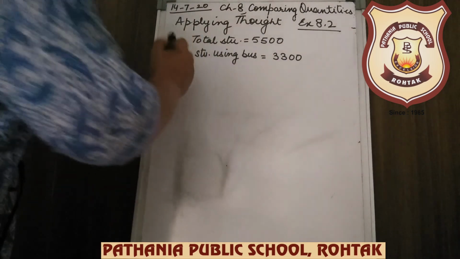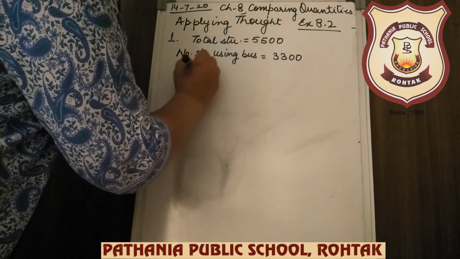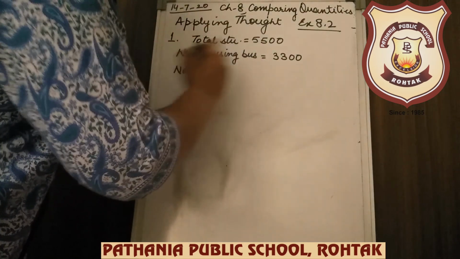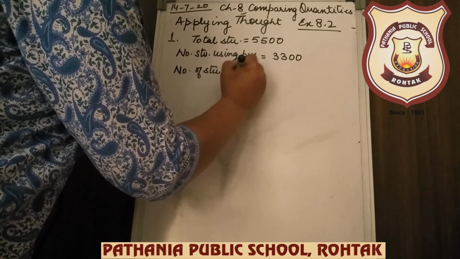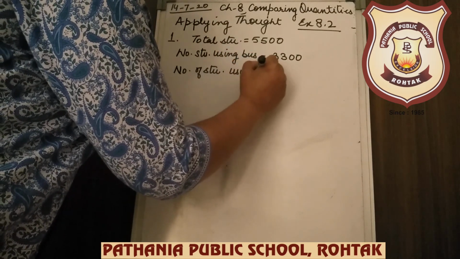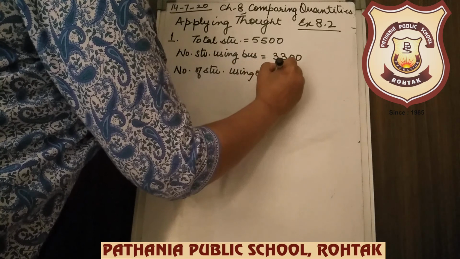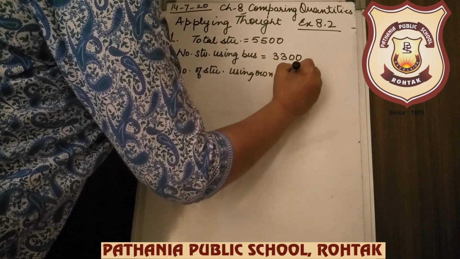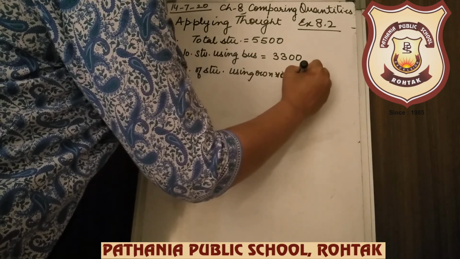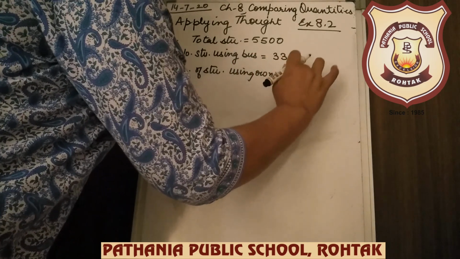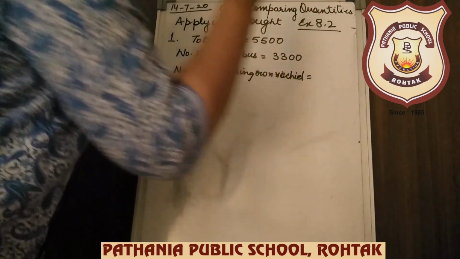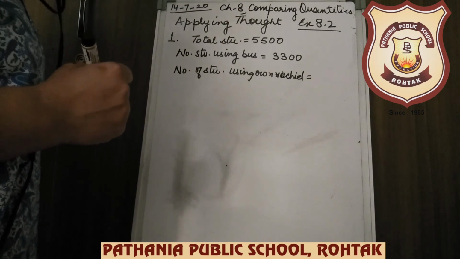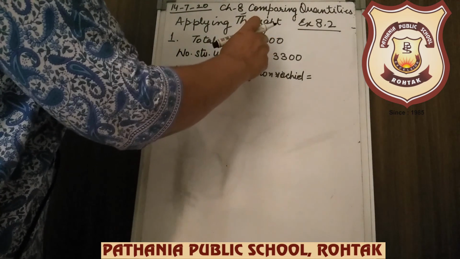So the rest, number of students using own vehicle, is equal to how many?